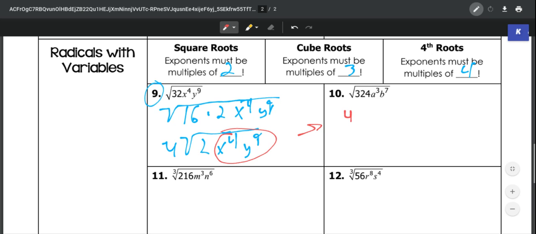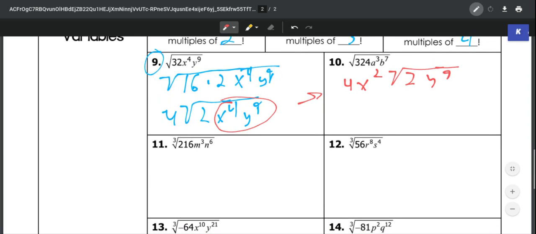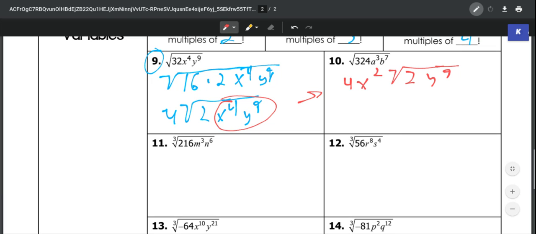So we would end up taking out x squared, and we would be left with 2 and y to the ninth on the inside. Now the tricky part for some people is y to the ninth, because 9 is odd. You can't take out groups of 2 evenly with 9. You'll have 1 left over, but that's fine.